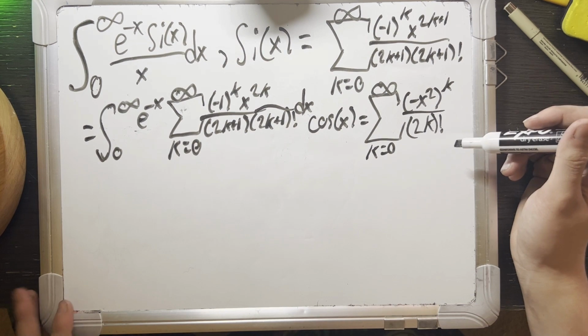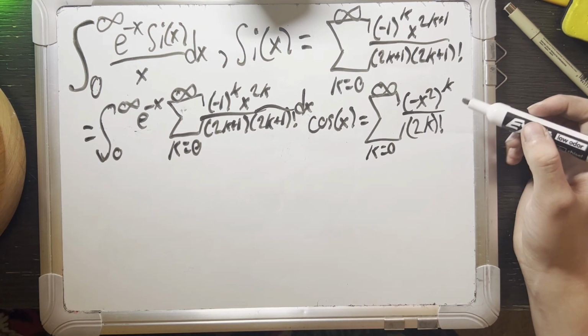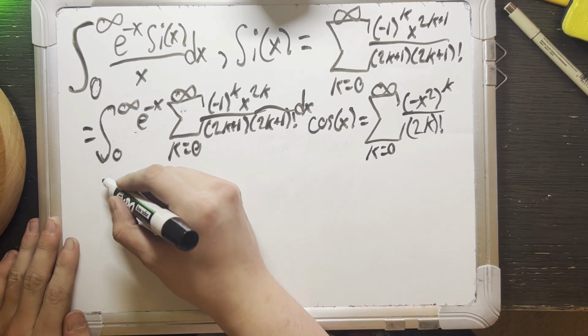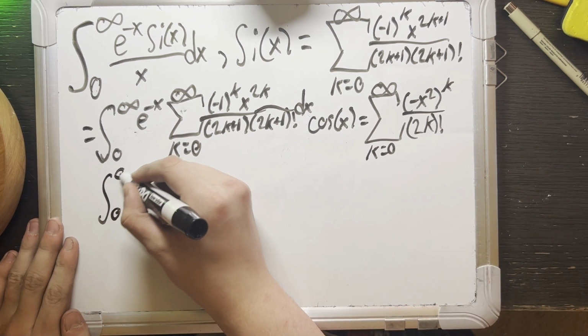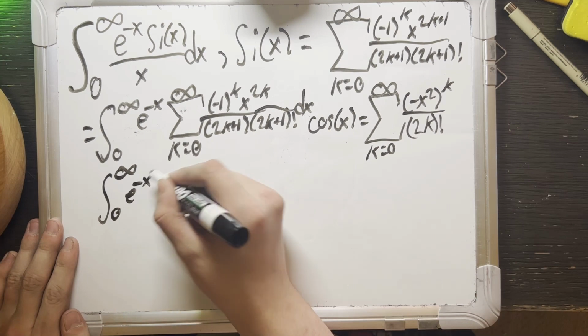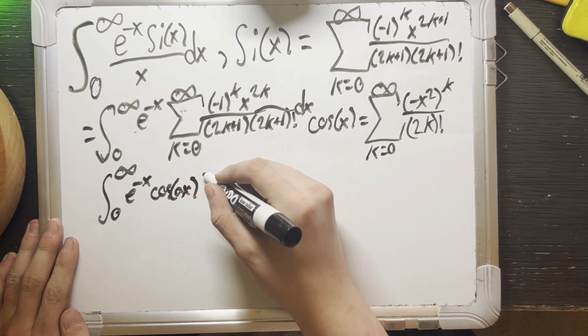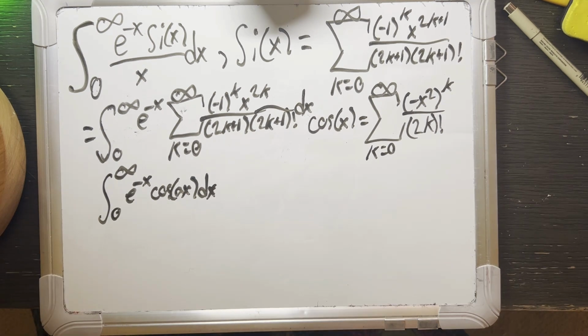So all that we need to do to O'Keneally it further is to put an a right here inside the argument. Then you get integral from 0 to infinity e to the minus x times cosine of ax. So now this can be easily integrated with integration by parts.